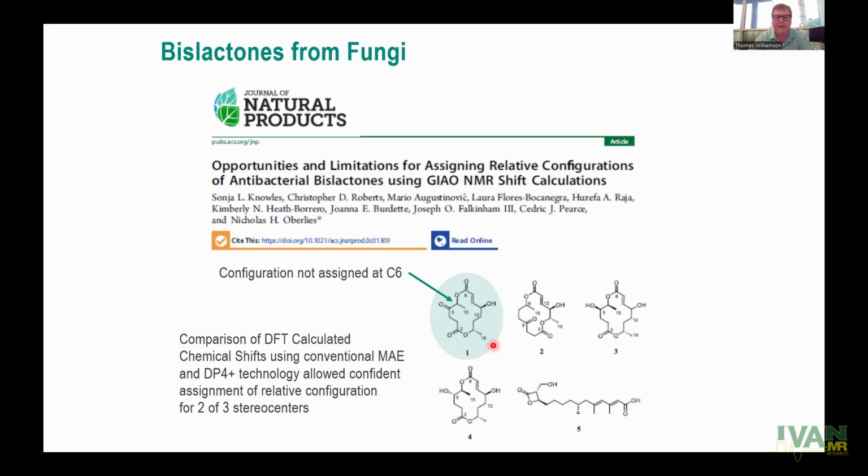In the case of these bis-lactone macrocycles, they said that using the conventional approach to DFT, they were only able to assign two out of the three stereocenters. We looked at this as a good friendly competition, and challenge accepted, so we decided to take this project on and see how far we could push it.